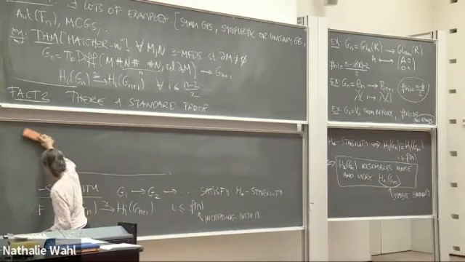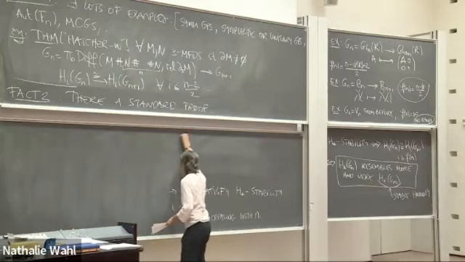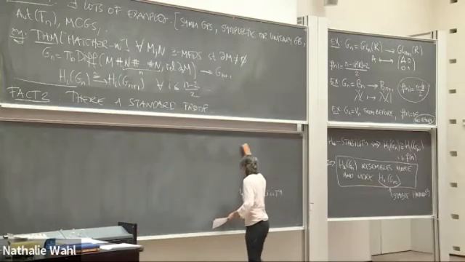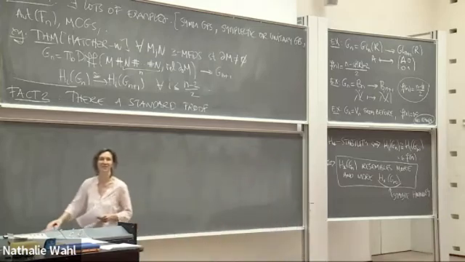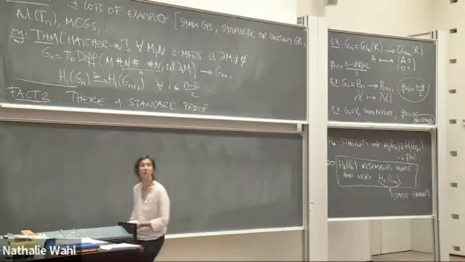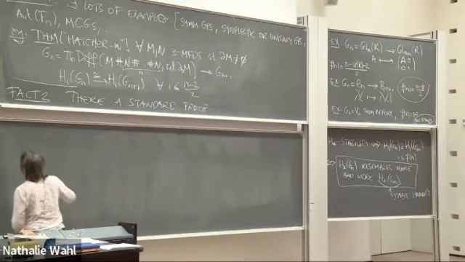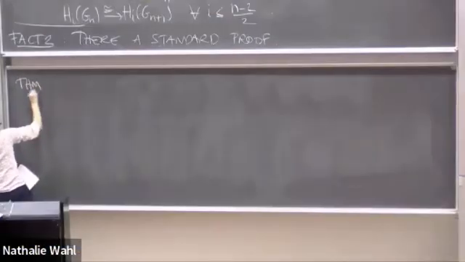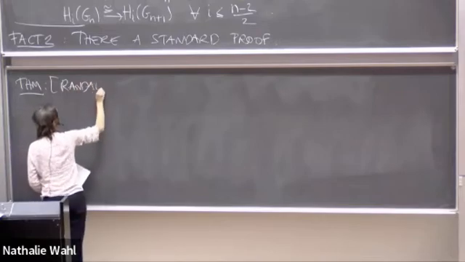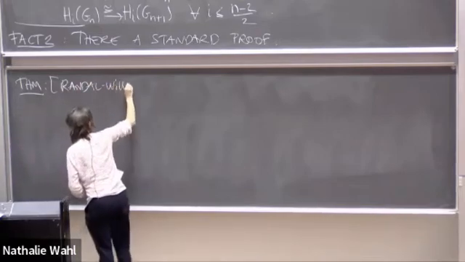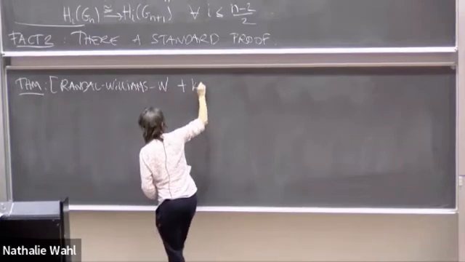I'll state a theorem with slightly vague assumptions. Again, there exist detailed versions of this, but I want you to understand the idea. This comes from joint work with Oscar Randal-Williams and a further improvement by Manuel Krannich.